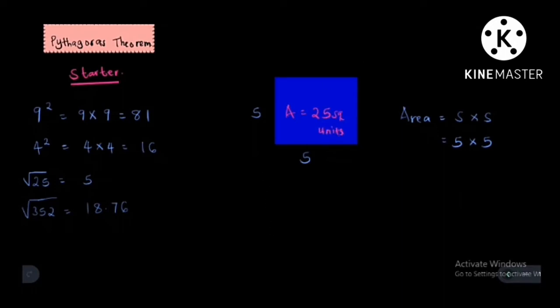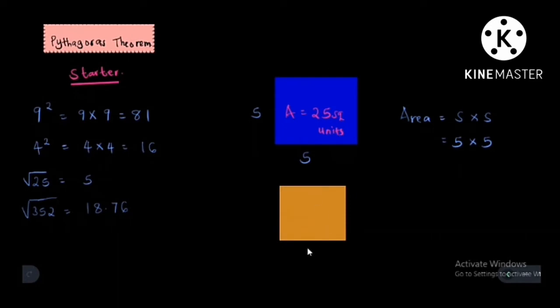What if we have another square that has a different measurement? Let me use a different square in this case. Assume this square is a bit smaller and it is measuring 2 centimeters. This time I want to use centimeters.